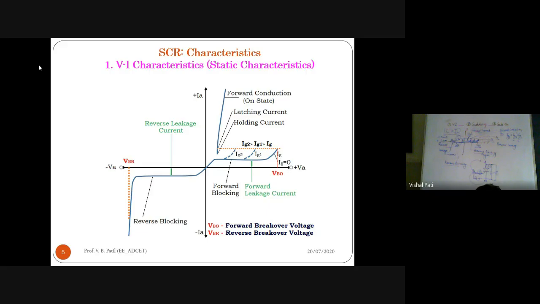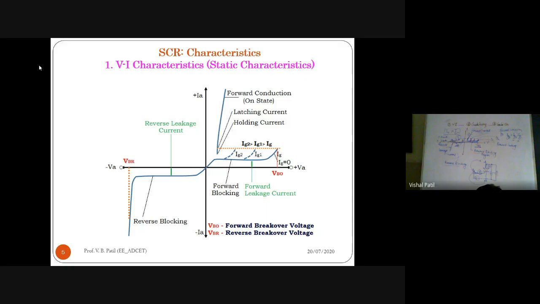Then we go into forward conduction, where we get considerable forward current from anode to cathode. An important term here is latching current: the minimum value of the forward current after which the device starts to conduct. After that, if we decrease the voltage, the current will start to decrease. The minimum value of current below which the device is supposed to be in the off state is the holding current.